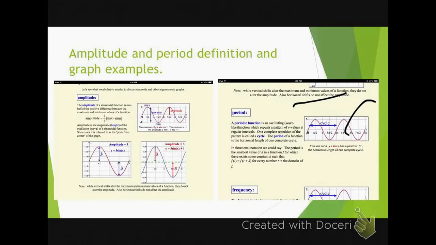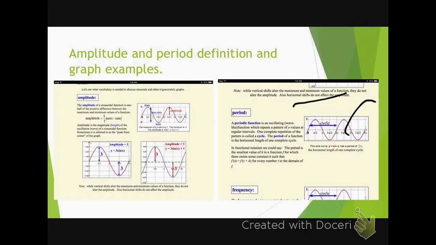Here, the amplitude is equal to 1/2 of the absolute value of max minus min. So take for example y equals 3 sine x. The amplitude is 3 because you go up to 3 with these waves.